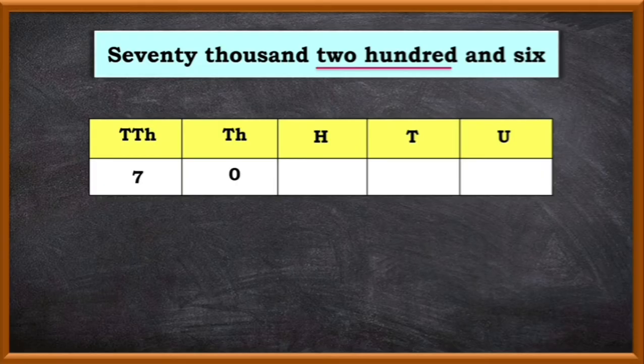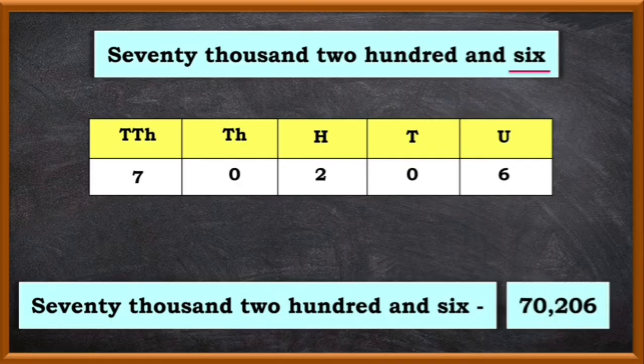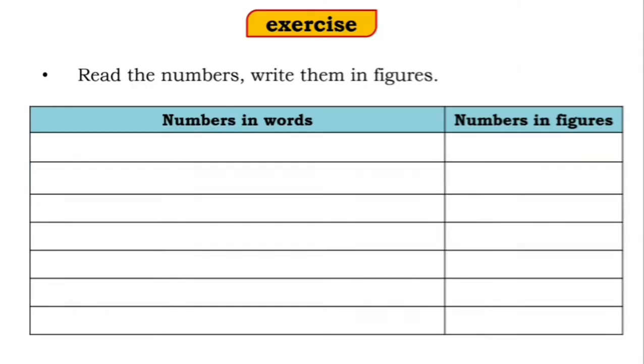So we will write 2 in hundreds place and 6. Children, there are no tens. So we will write 0 in tens place and 6 in units place. So this number 70,206 is written in figures as 70,206.